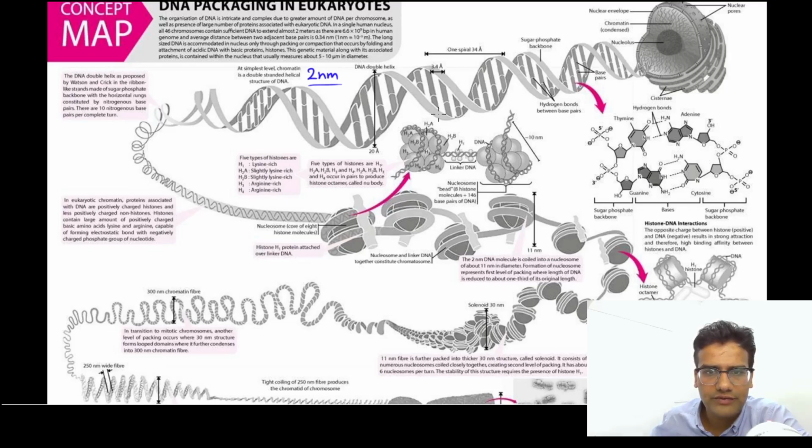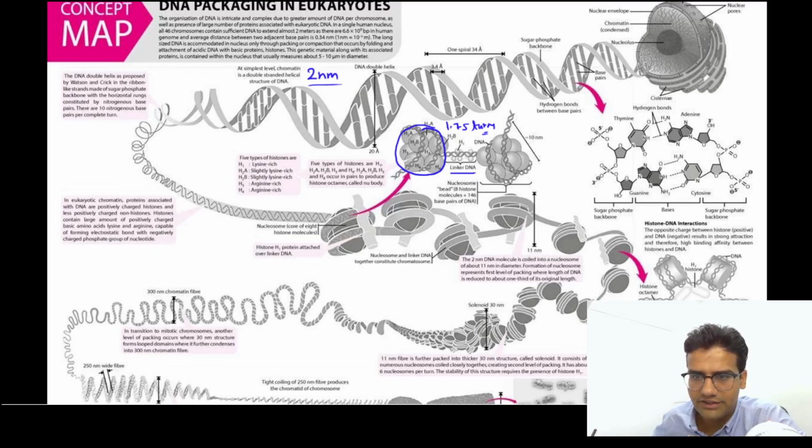This 2 nanometer fiber curves around the histone protein, the histone octamer body, which surrounds the DNA around itself, with 1.75 turns of DNA. The nucleosome has H1 protein in between, and this kind of DNA is called linker DNA.